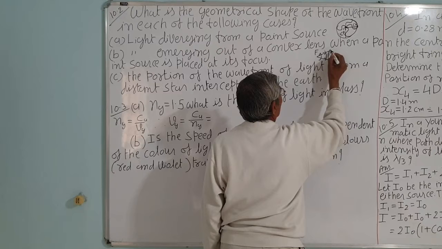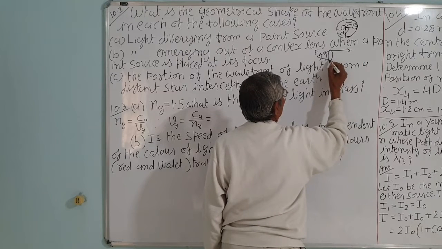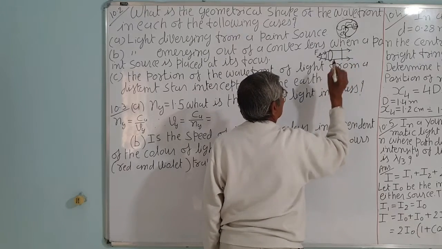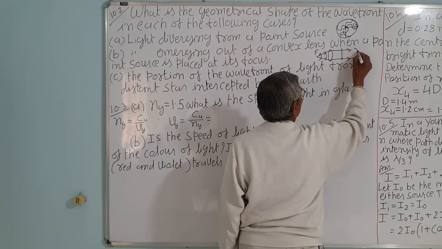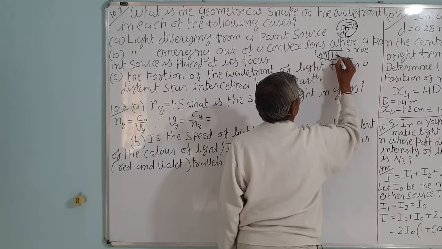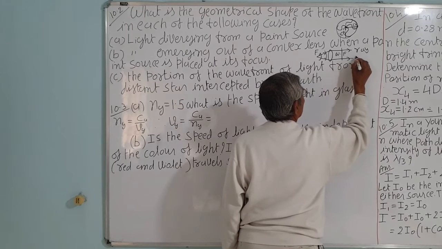After coming out of the lens, they will go parallel. So these are the rays. So the wavefront will be a plane. This is a ray, this is a wavefront. That is a plane wavefront. Correct? The answer is plane.